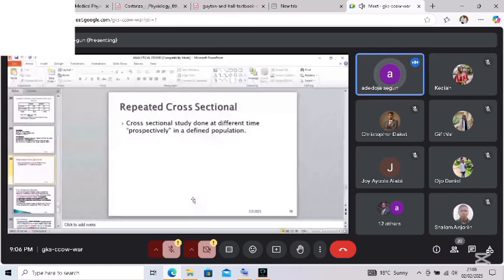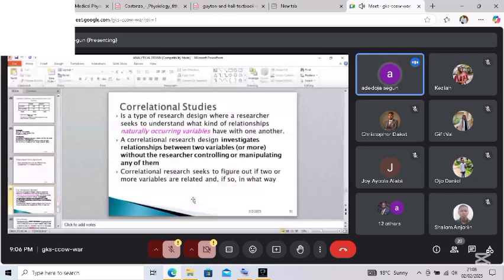Then the last one is correlational studies. It's a type of research design where a researcher seeks to understand what kind of relationships naturally occurring variables have with one another. A correlational research design investigates the relationship between two or more variables without the researcher controlling or manipulating.